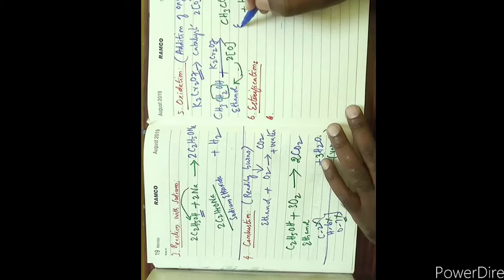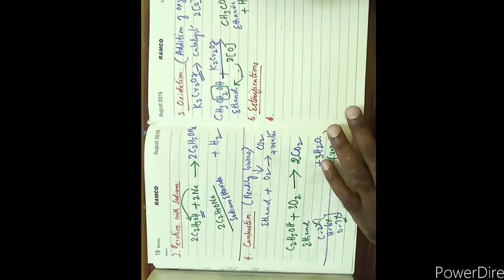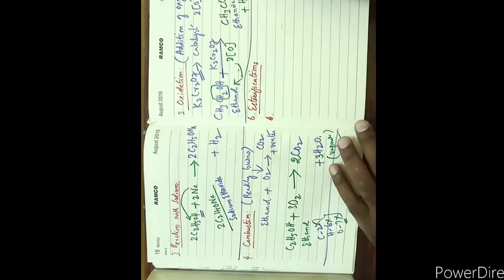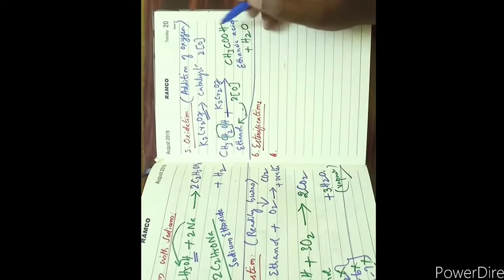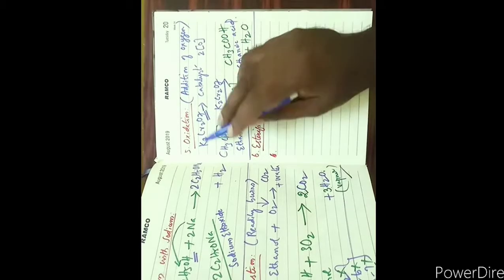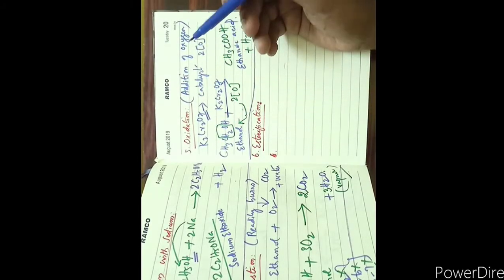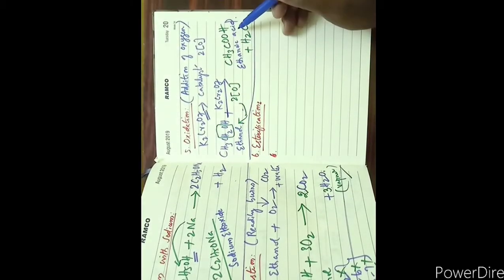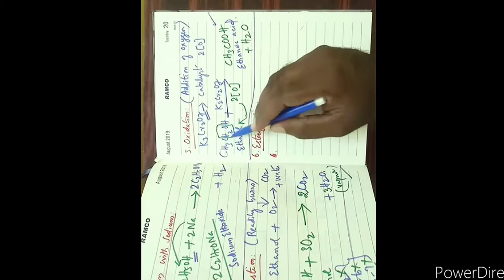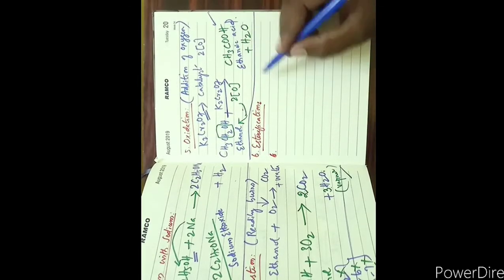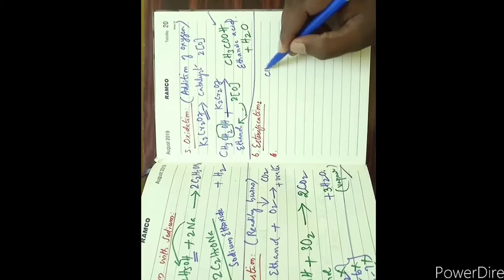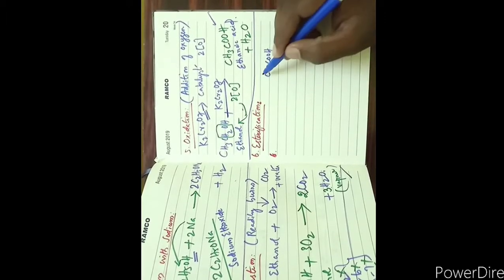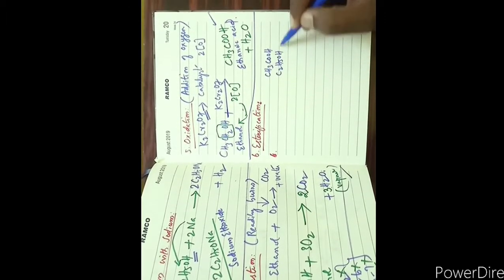What is this? I already said this is the formula or structure of ethanoic acid. From this it is clear that from ethanol, ethanoic acid is prepared. How? In presence of potassium dichromate acting as a catalyst. The oxygen present in potassium dichromate is added over ethanol to form ethanoic acid. So ethanol is CH3CH2OH. Ethanoic acid is CH3COOH. So CH3COOH is ethanoic acid. C2H5OH is ethanol.